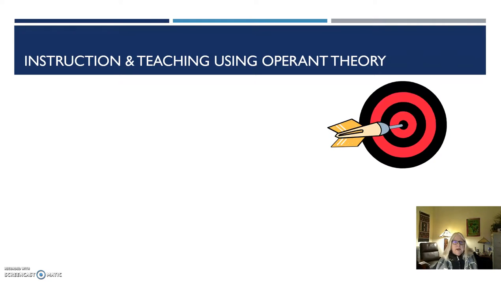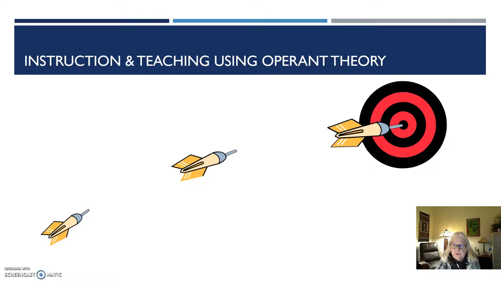Now a bit about using behavioral techniques in designing and implementing instruction. We may have talked a little bit about behavioral objectives in this class. You may get that term in other classes. But the operant approach to teaching does include a very specified target behavior.